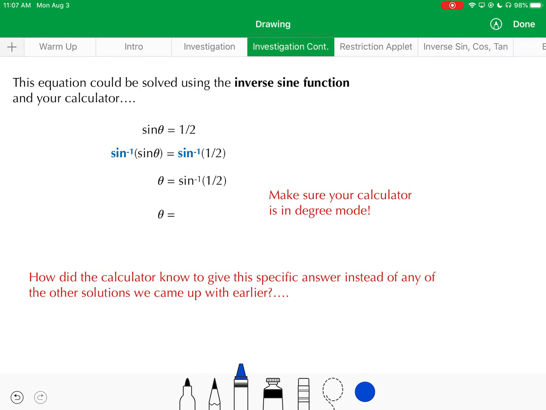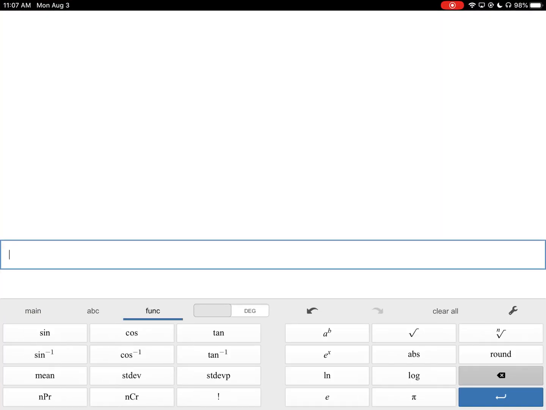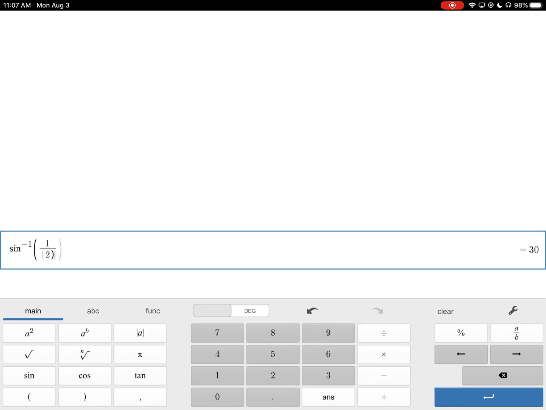So taking the inverse sine of theta is just going to yield theta, and then the inverse sine of 1/2, let's just see what a calculator would give us for that, okay? We would want to make sure we're in degree mode. So if I did inverse sine of 1/2, I end up with 30 degrees, okay?